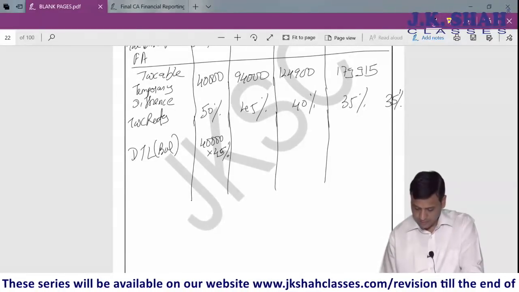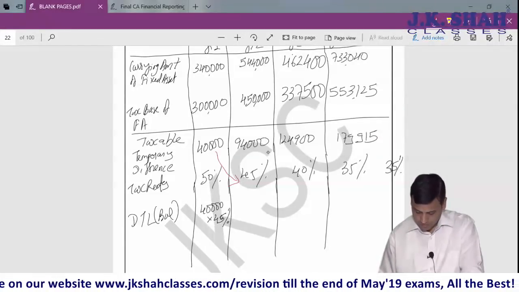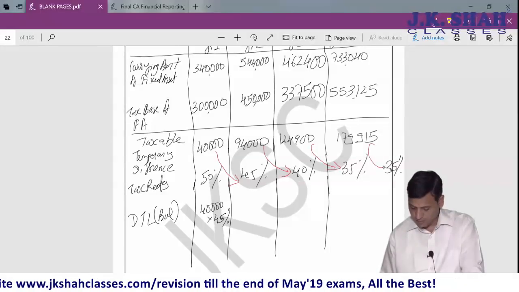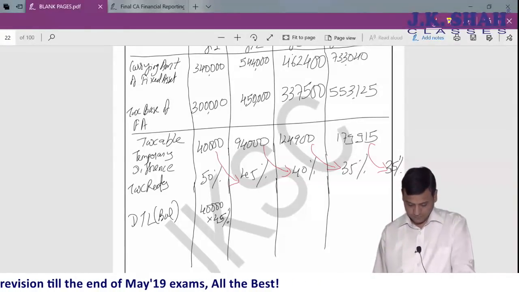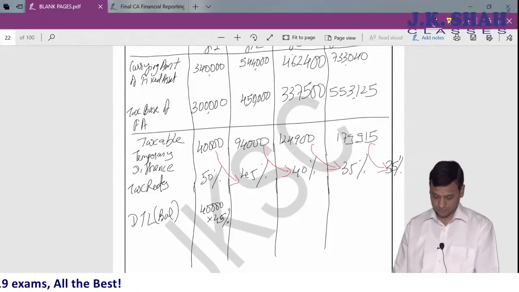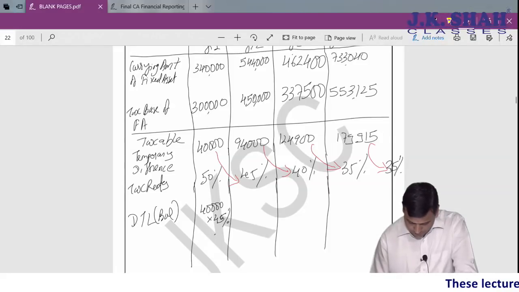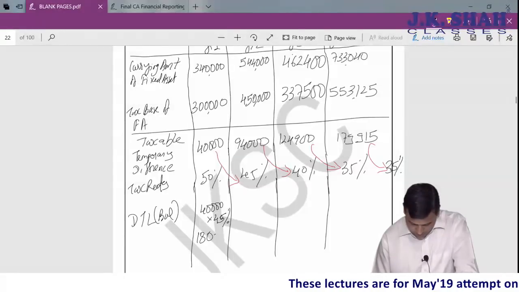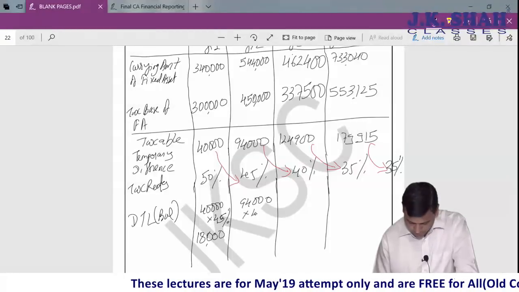Do you remember? Taking the next year's rates. No, not that. That's 18,000. This is 18,000. 37,600. 94,000 into 40%.